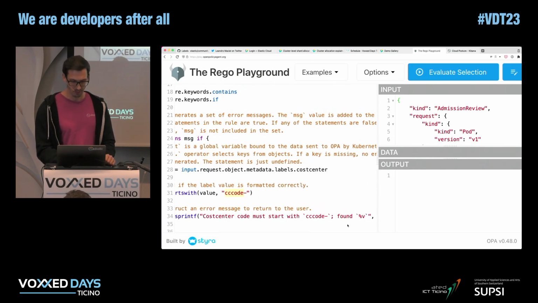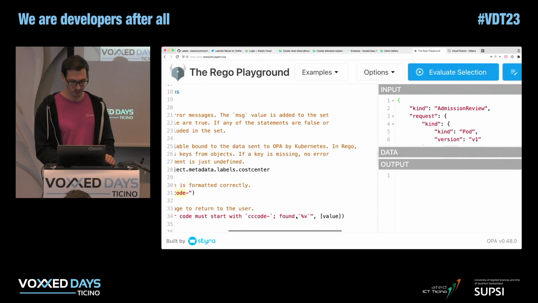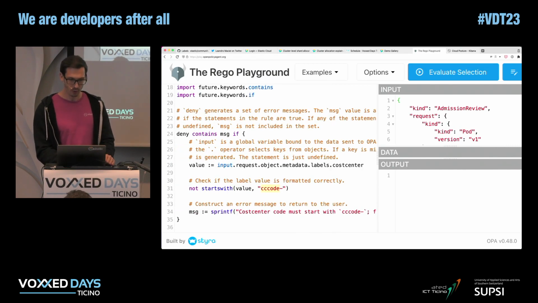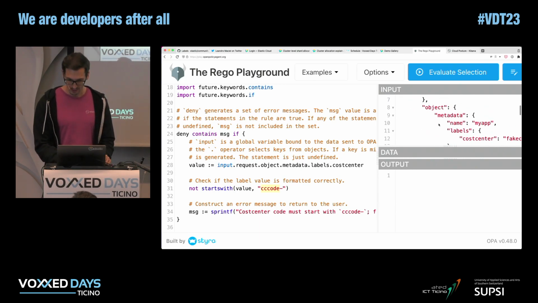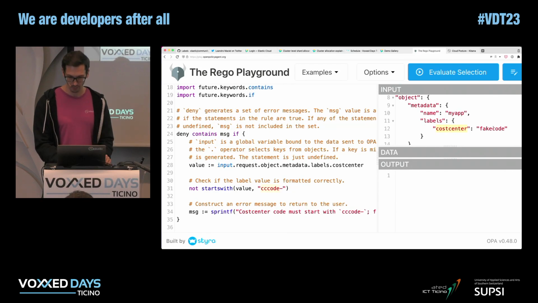And otherwise, it fails with: you don't have the cost center code label correctly. And then this is the Rego rule. Here, this input is what you get from the Kubernetes API, which can tell you this is the object, and it has the label cost center fake code.